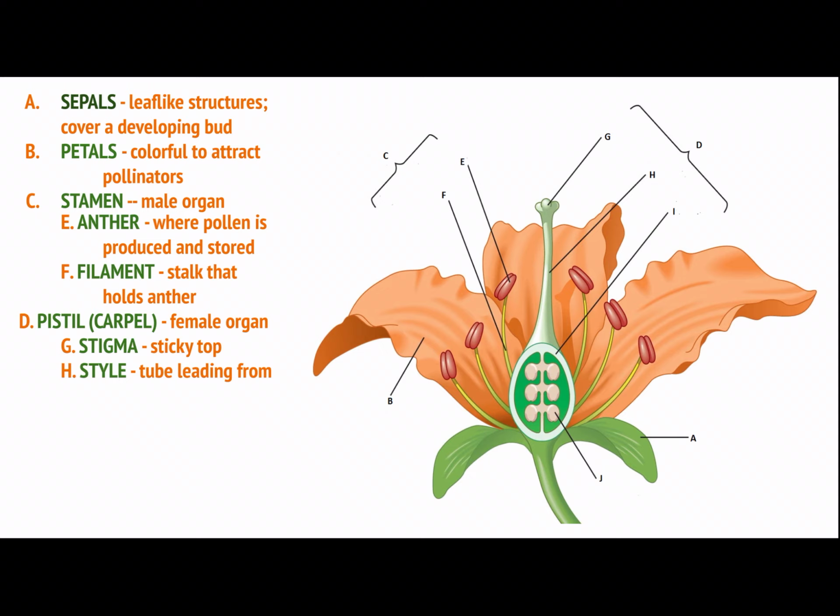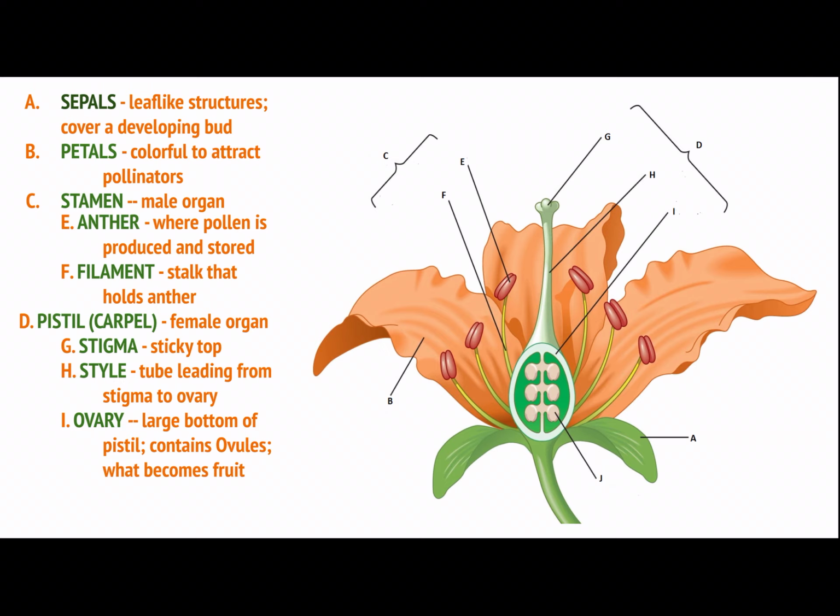We have the style, which is the tube that leads from the stigma down into the ovary. And then the ovary is the large bottom of the pistil, which contains the ovules. And that is also what becomes the fruit of the flower. So the stamen is the anther, which produces the pollen, and the filament. And the pistil is the stigma, the style, and the ovary.